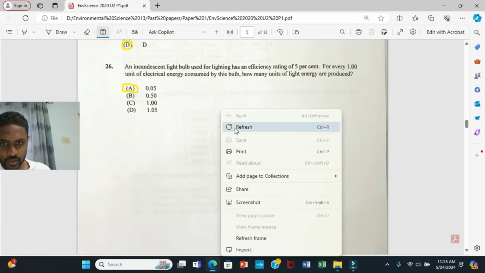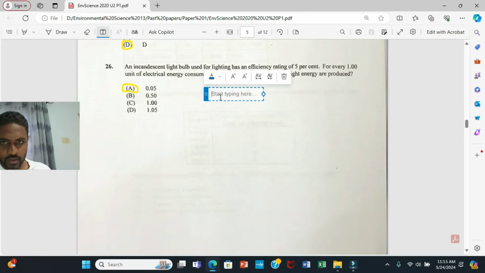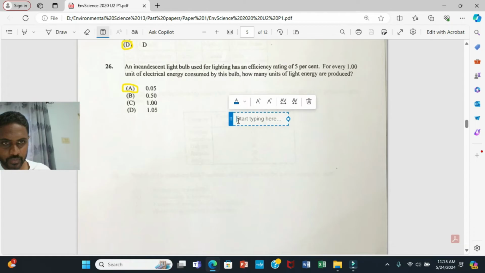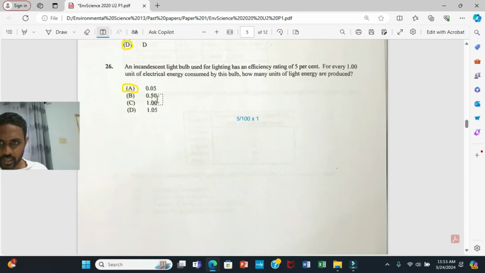This would be the formula: 5% of 1 unit, so 5 divided by 100 times 1. And that will give you the answer, guys. So the answer is 0.05.